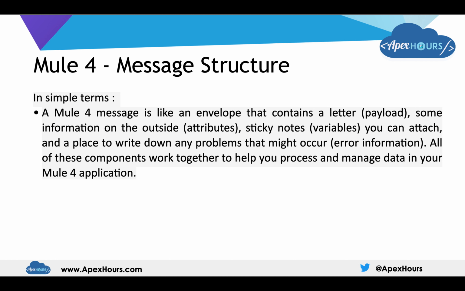Payload is nothing but the actual information. Some information could be on the outside of your envelope, and those are called attributes. Attributes are coming from the caller. Sticky notes you can consider like variables that you can attach, and to write down any problems that might occur, that is called error information. So consider an envelope: the envelope contains a letter, which is the payload, and some information outside the envelope, which is called attributes.